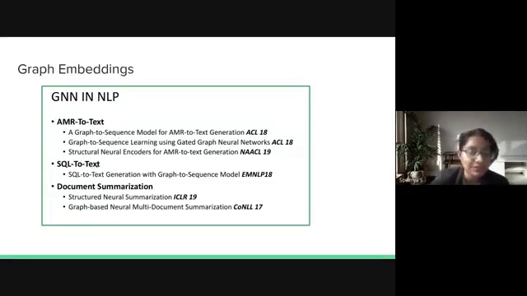SQL to text, which is reading your SQL inputs for databases and generating text, is again a graph to sequence model. And then document summarization, because documents, as we saw very early in latent semantic analysis, can be represented as a matrix, and that matrix can be interpreted as a graph. Whether you use latent semantic analysis or just counts and frequencies, we can do document summarization as a graph. And yeah, these are just a few of the examples.